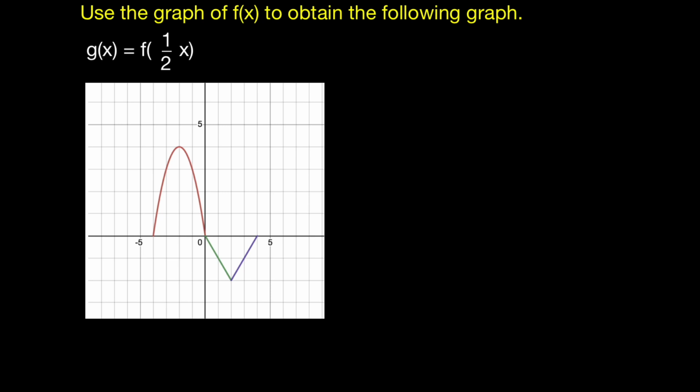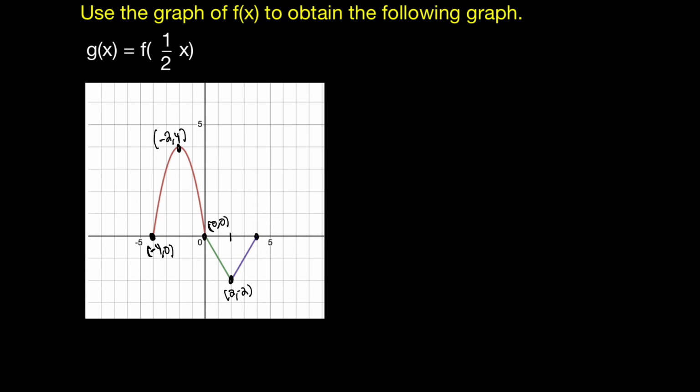So I'm going to begin by grabbing the key points here. Here I have -4, 0. Here I have -2, 4. This point is the origin. The edge right here on the bottom is going to be at 2, -2.